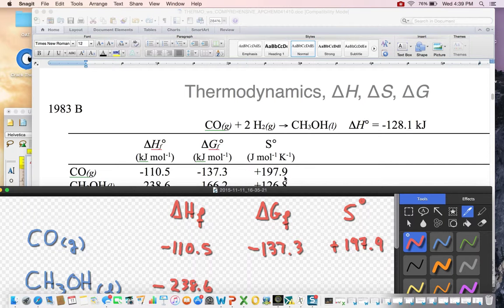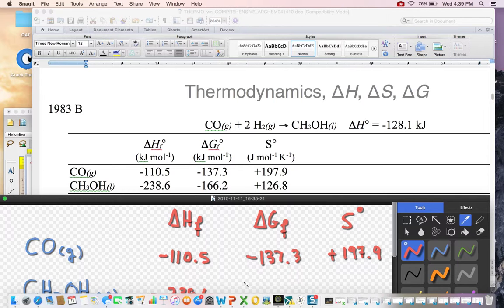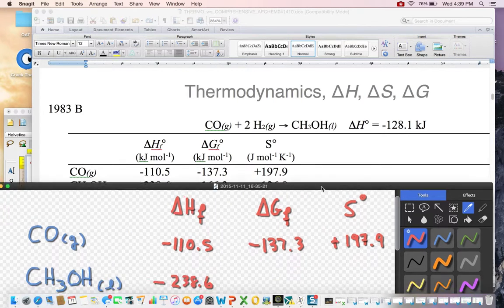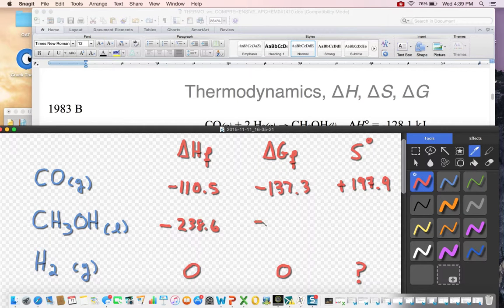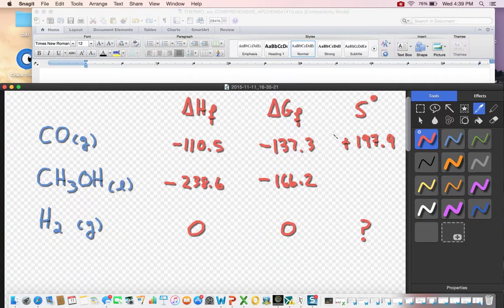So when we go to apply the Gibbs free energy equation, in order for us to add or subtract delta H and delta S, we've got to convert this to kilojoules, which means we'll just shift our decimal point 3 places to the left. And then finally we have negative 166.2 for methanol, and the S of formation is positive 126.8.